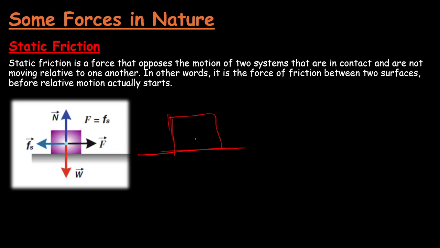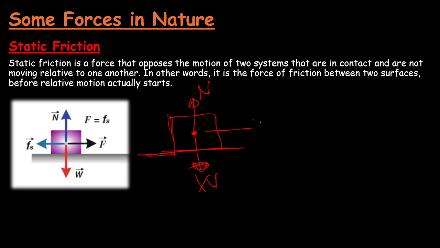And when you put this block on a surface, this block has some weight that acts downward. Due to this weight, the ground will exert an equal but opposite force, that will be an upward force.